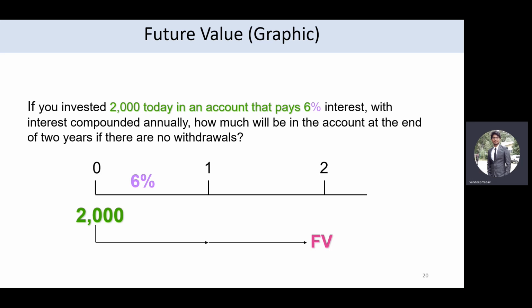So finally the amount will be 2,247. So at year 2 you will have 2,247.